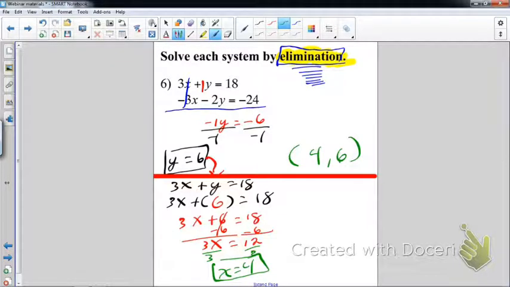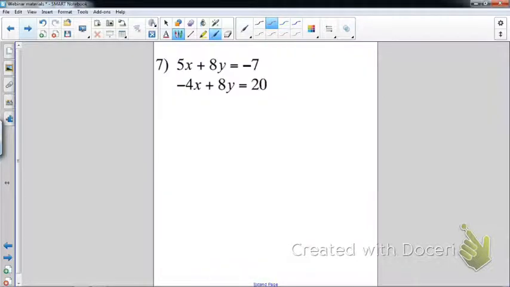Let me go to the chat really quick to see if we have any questions. Question number 7 here says, okay, look at what you have. You have two equations that are in standard form. However, I'm still going to use the elimination method.